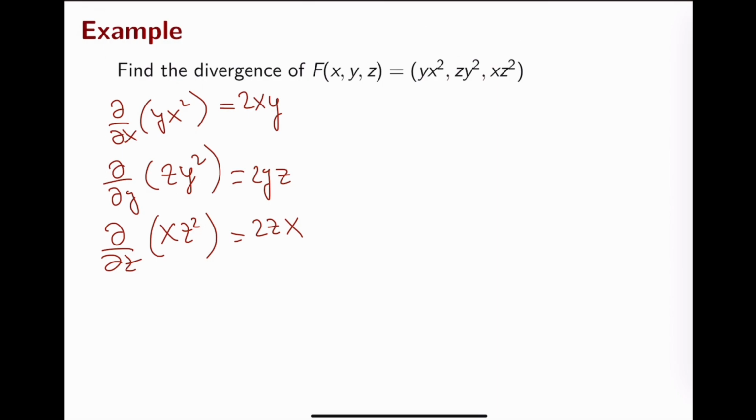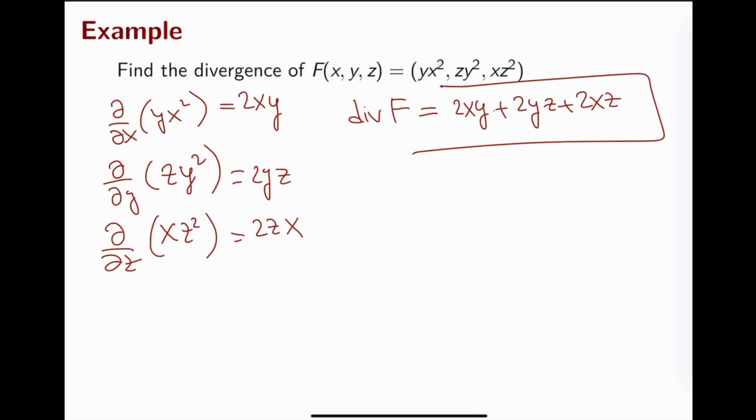Now to calculate the divergence of this vector field, we have just to add these three quantities. So the divergence will be the addition. So this function, which is a scalar, right? So the results are numbers.